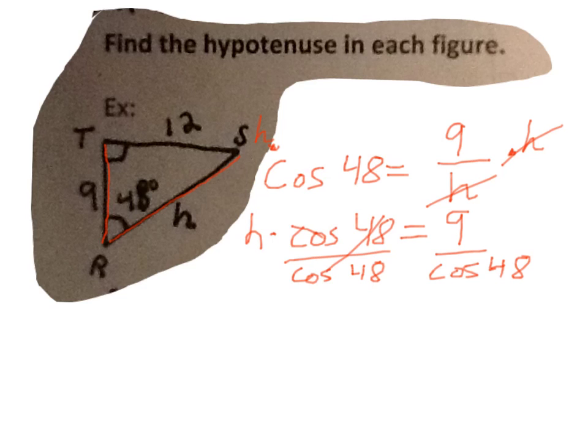On the left, these things cancel. I'm left with h equals some decimal. And hopefully you found out that h is about 13.45. That is my hypotenuse. It wouldn't be a bad idea to try it with sine and see if you get the same thing.